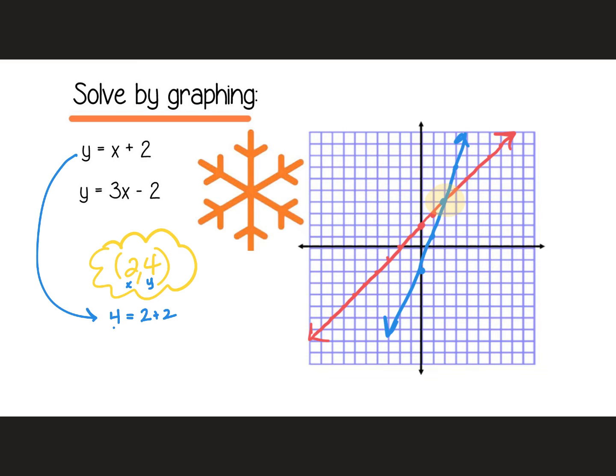Notice I replaced y with 4, x with 2. So is it true that 4 equals 2 plus 2? Yep, sure is. Then if I check in the second one, I would have 4 equals 3 times 2 minus 2. Well, 3 times 2 is 6. 6 minus 2 is 4. Does 4 equal 4? Yes, it does. So here we have an ordered pair that makes both equations true.